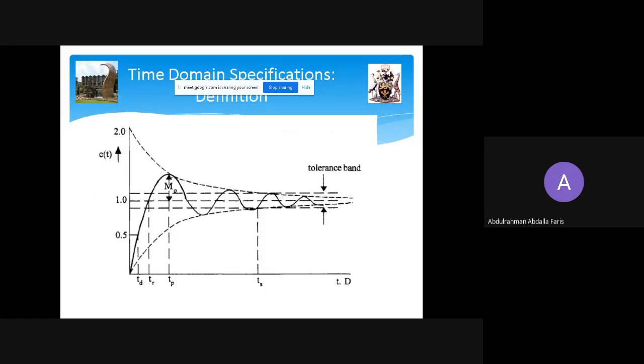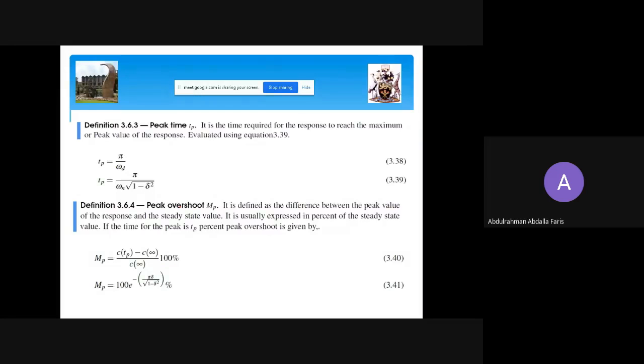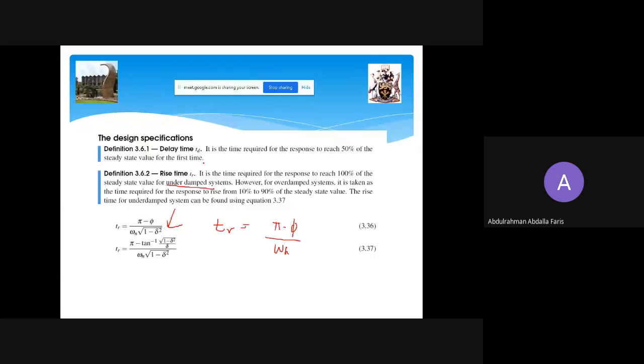So this is the rise time. For peak time, it is the time required for the response to reach the maximum peak, which is MP.